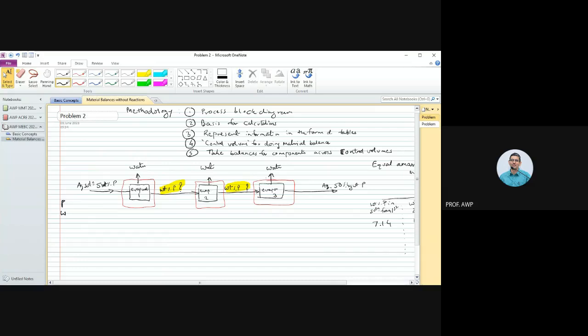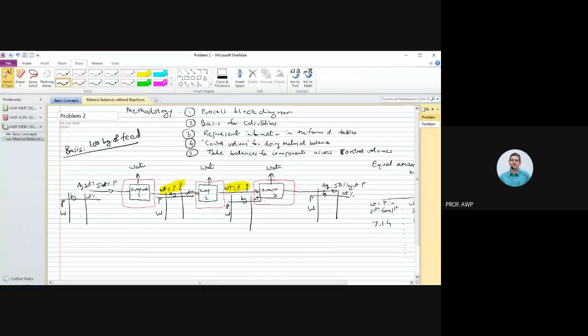This is the standard sum of H2, P and water, kgs, weight percent. Can we take the basis as 100 kgs of the feed coming in?